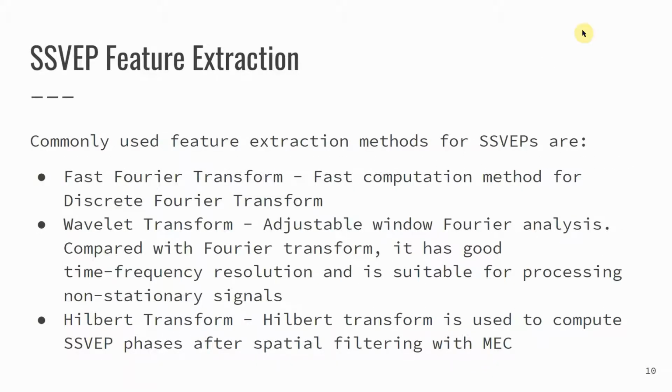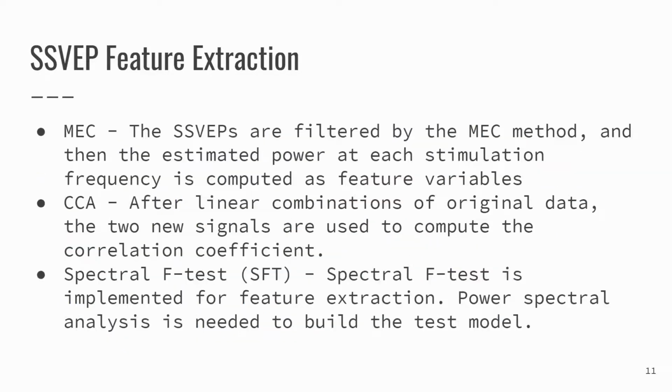Now let's talk about a few feature extraction techniques used for SSVEPs. These are fast Fourier transform, wavelet transform, Hilbert transform, and MEC, which is used after preprocessing the SSVEP signals with the minimum energy combination method, and the power at each stimulation frequency is computed as the feature variable.